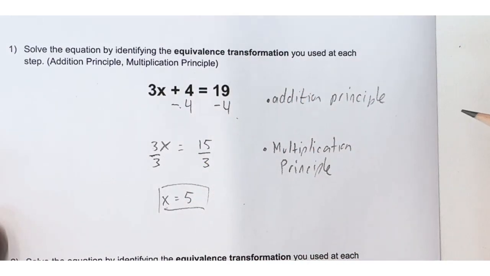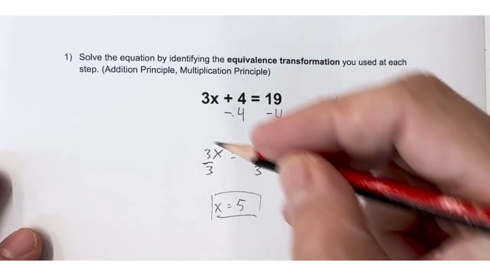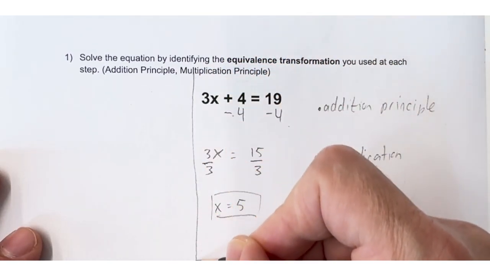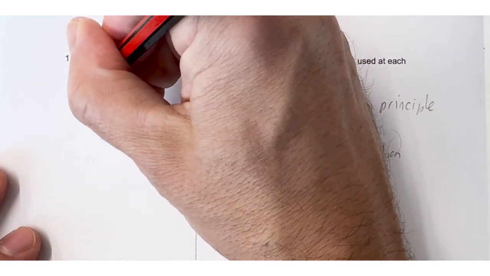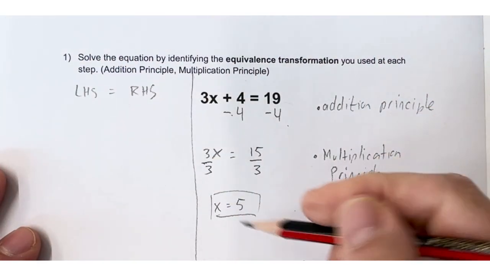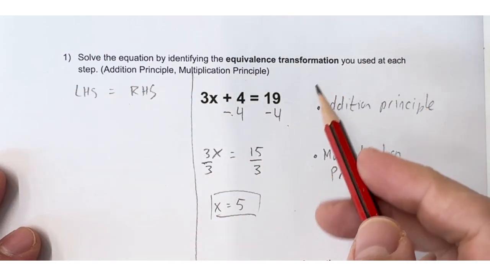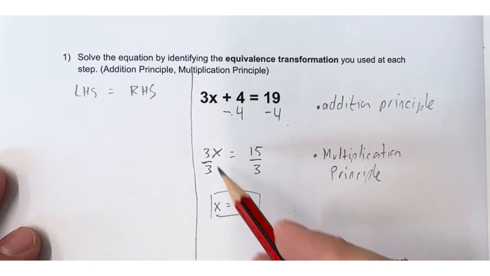Now, if you want to verify your work or check your work, justify your work, it's a good math habit. Maybe I'll just do a little section over here. Remember, when we check this type of work, we can just say the left-hand side must equal the right-hand side, okay? Left-hand side, right-hand side. And I'm saying where I see an x, I'm going to substitute a 5.